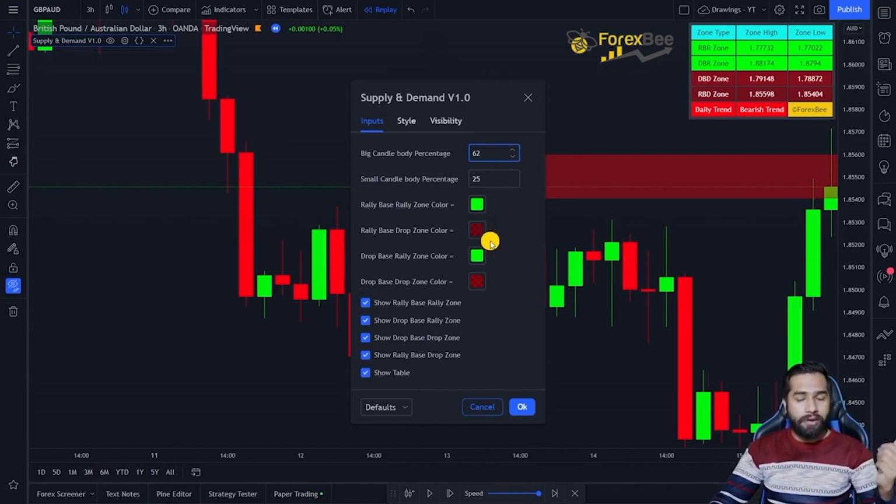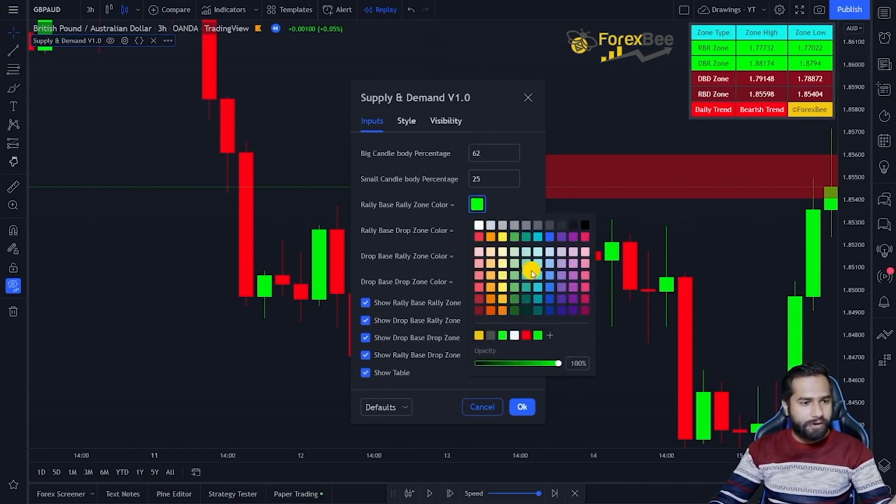I would highly recommend you to use green color for demand zones and red color for supply zones, because it makes a lot of sense. Demand represents that we should buy, and the supply zone represents that we should sell. So it makes a lot of sense to keep them green and red, which are the defaults, but you can change them as well from your TradingView indicator settings.